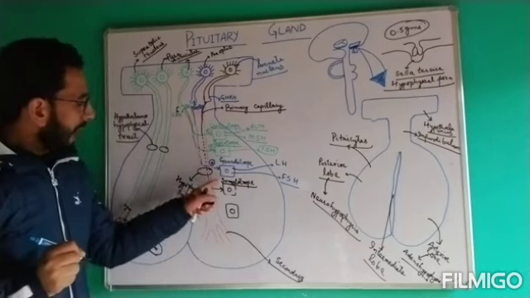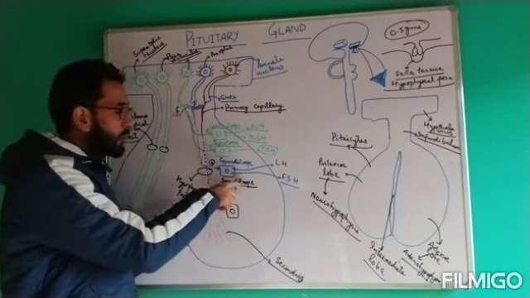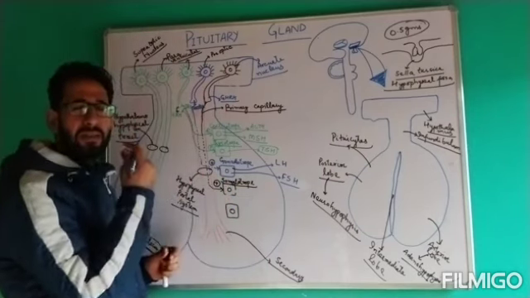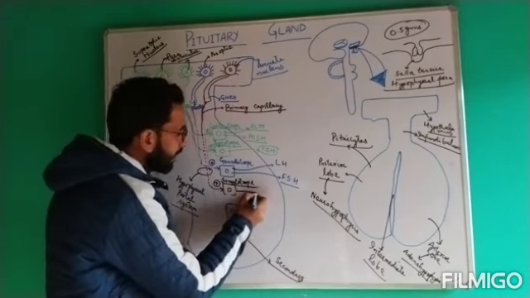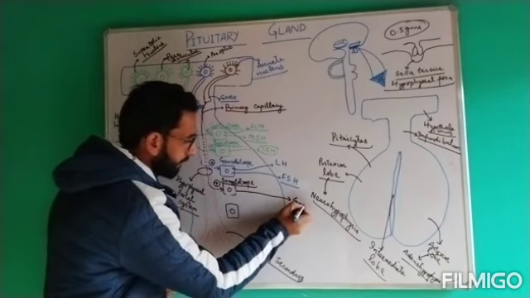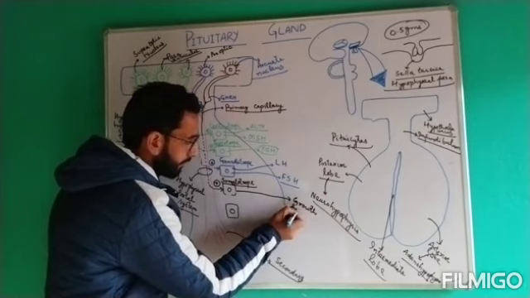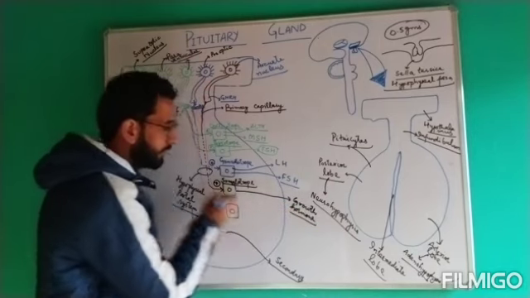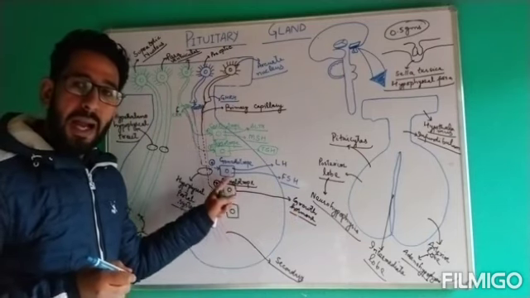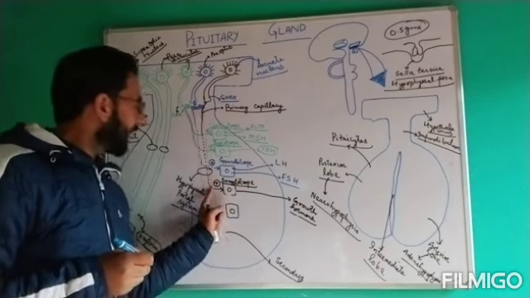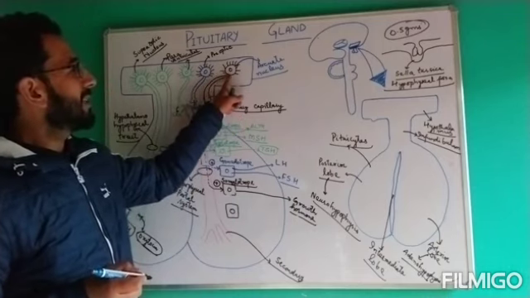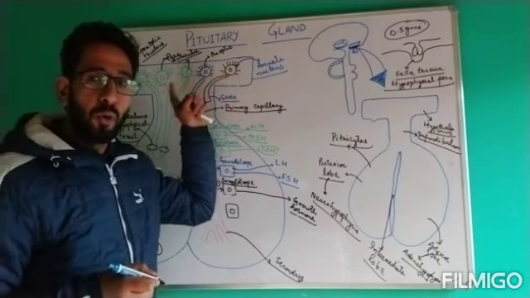Once the somatotrope is stimulated by growth hormone releasing hormone, it secretes one hormone you all might know about, called growth hormone. So growth hormone is released by the somatotrope, which is stimulated by growth hormone releasing hormone, secreted by the arcuate nucleus of the hypothalamus.